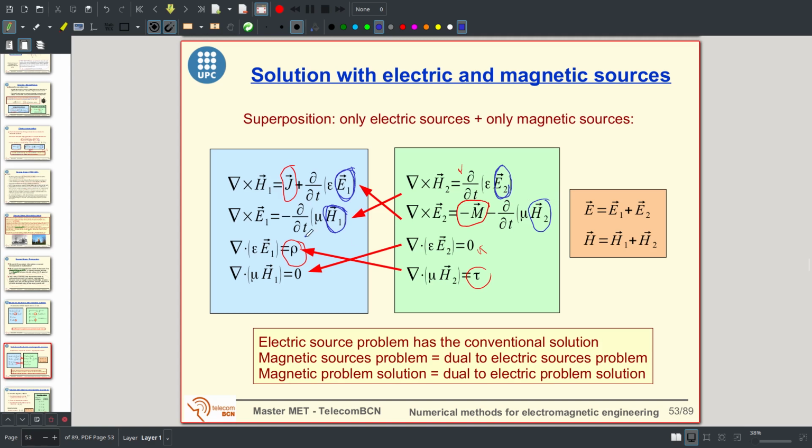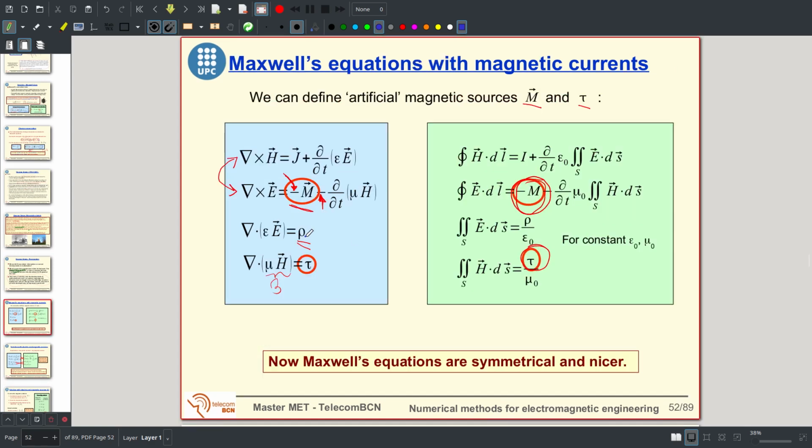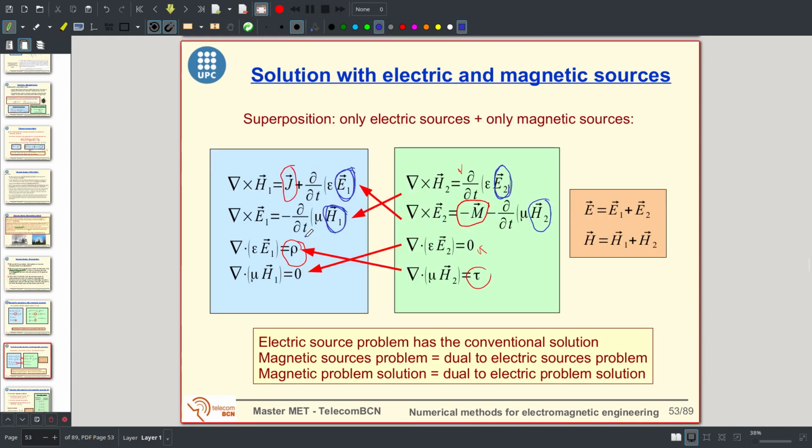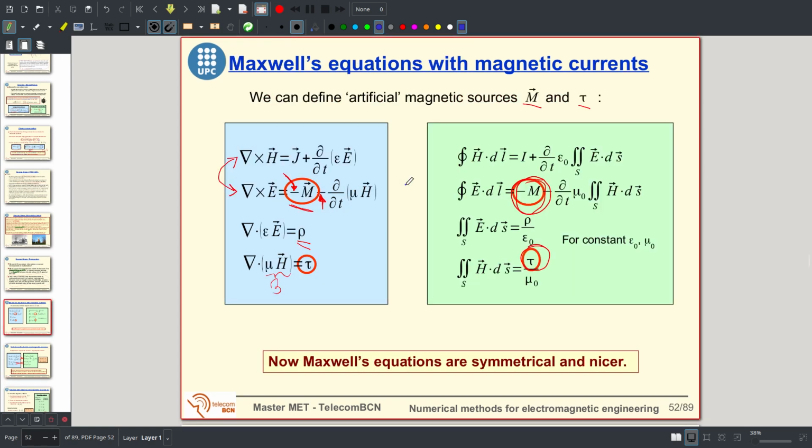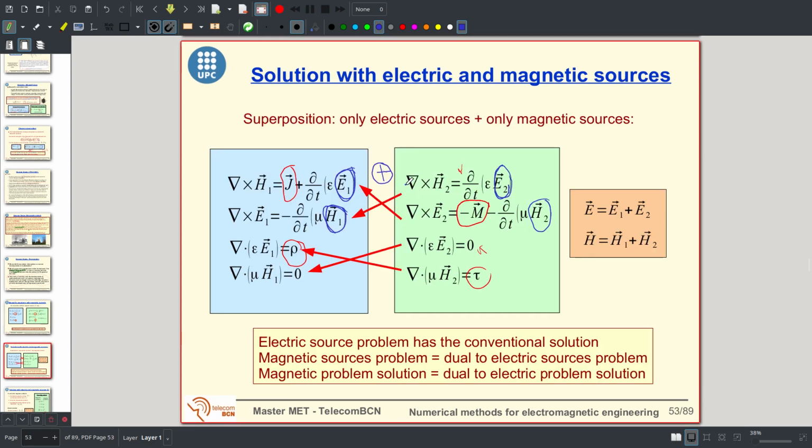Of course, the original equations here are the superposition of the equations for the electric problem plus the equations for the magnetic problem. If we sum the equations in the blue box plus the equations in the green box, what we get is the original equations having both electric and magnetic sources. Okay?